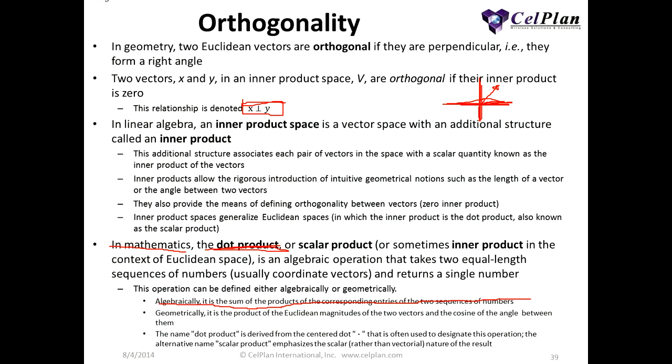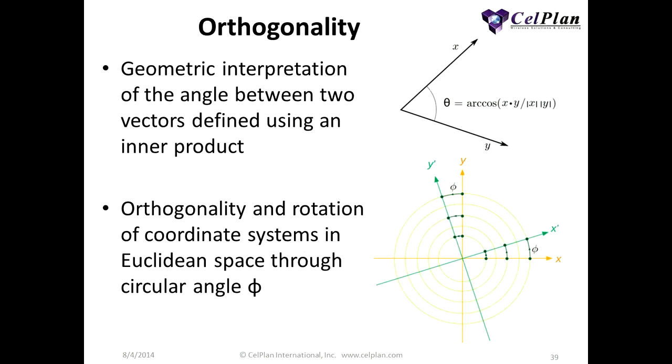So we sum the products and then we see what happens. Geometrically it is the product of the Euclidean magnitudes of two vectors and the cosine of the angle between them. The name dot product is used because it is derived from the center dot that is used to designate this kind of operation.